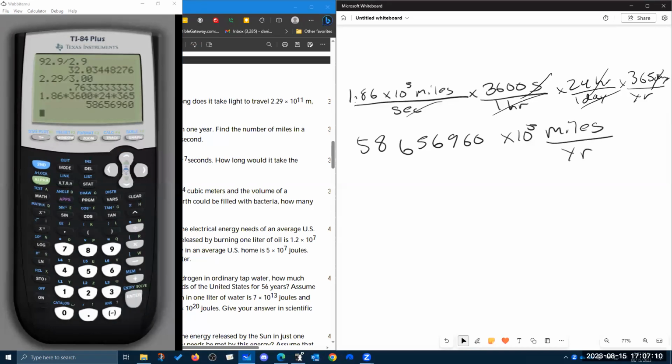And we're going to change that into scientific notation. These are all exact numbers, so they're infinitely many sig figs. So I'm going for 3 significant figures here, which is about this.